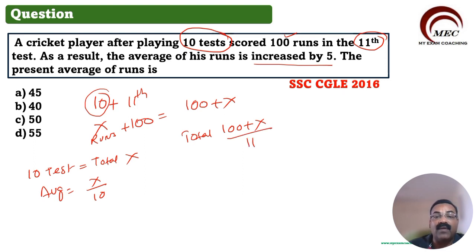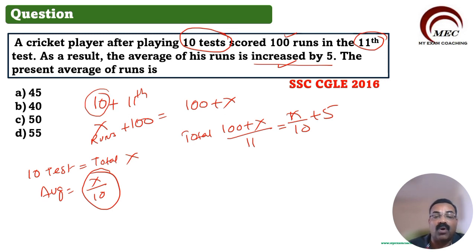So divided by 11, the average will be 5 more, increased by 5. So that will be X by 10 plus 5. We need to find out the present average, that is, what is X by 10. When you solve this, 100 plus X divided by 11 is equal to X by 10 plus 5.